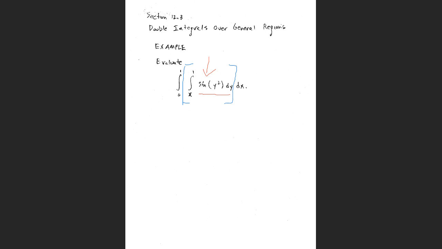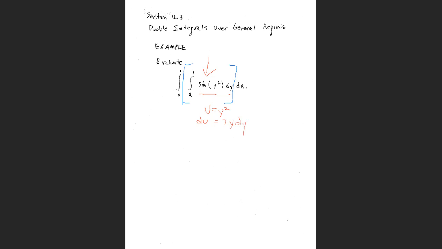Okay. Well, Robin's making a suggestion. Try letting u equal y squared. If you let u equal y squared, then du will be equal to 2y dy.